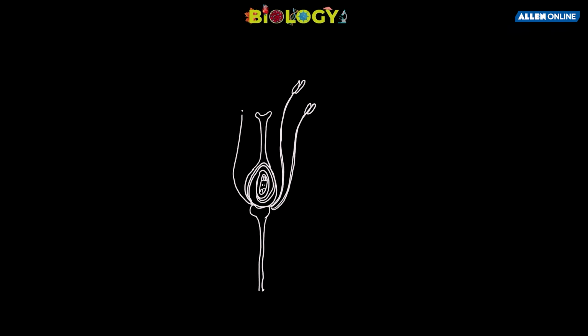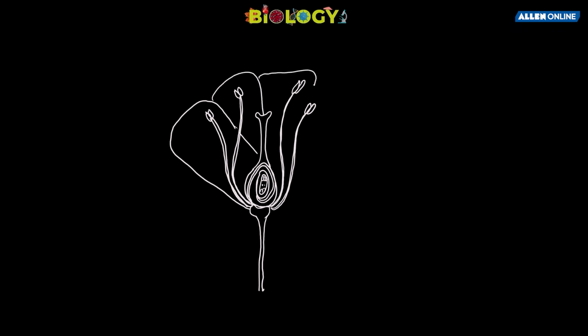On both sides we will be drawing them. One more we are going to draw. Okay, and now we will draw the petals. So like this you will draw the petals surrounding the flower.